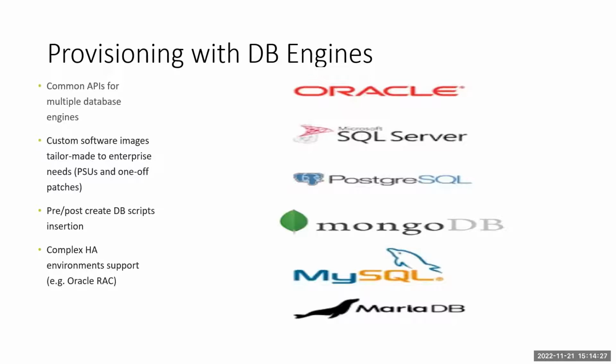You can provision a database using standard database server VMs, or you can deploy a cluster environment, like RAC clusters for Oracle, or AAG clusters with Microsoft SQL Server. While provisioning, you can also use some pre and post database scripts. For example, if you want to mask databases after you deploy them, you can do it.